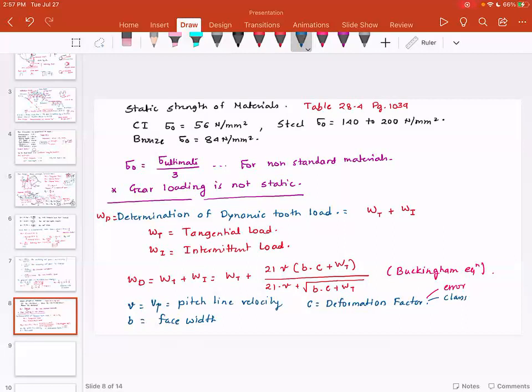What type of gear you are trying to cut, whether it's a precision gear, a very accurate gear, or a regular gear. Then there is the tooth form, and it also depends upon the material.